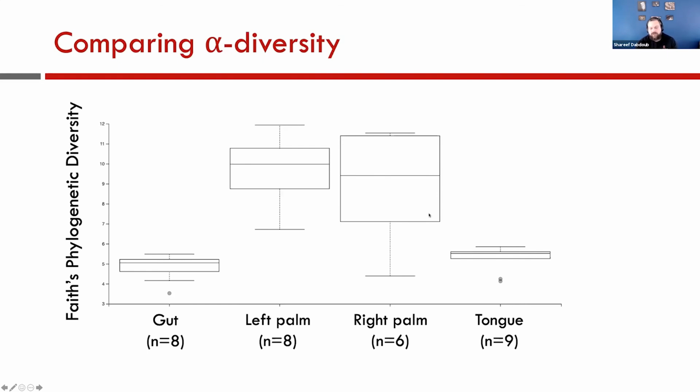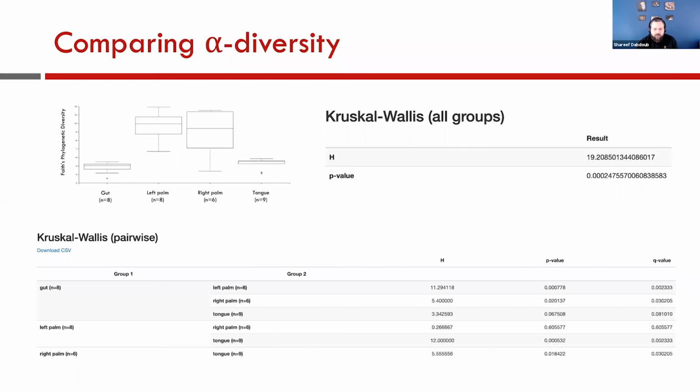based on Faith's alpha diversity. And since we have a single number, we can use standard univariate statistics. So typically you'll see people use non-parametric statistics here, simply because the nature of this kind of data does not lend itself to normal distribution.